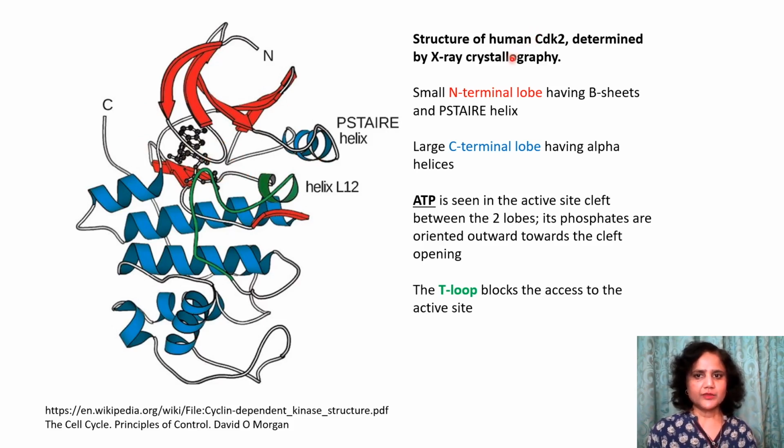The small N-terminal lobe has beta sheets and a helix referred to as the PSTAIRE helix, and the larger C-terminal lobe has several alpha helices. ATP can be seen in the active site cleft between the two lobes, and its phosphates appear to be oriented outward towards the opening of the cleft. The T-loop, which is shown here in green color, blocks the access to the active site cleft.